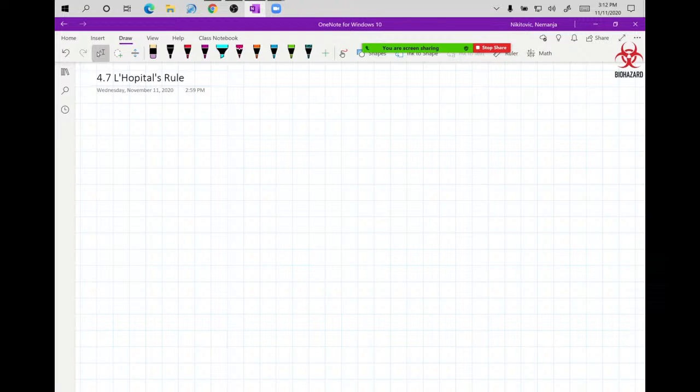Now, what is this rule all about? Well, it's a rule which states that if you have an indeterminate form, there is equivalency between the results of two limits.